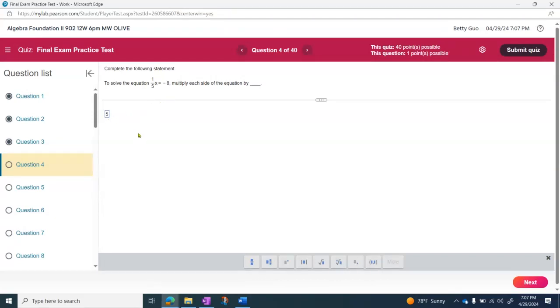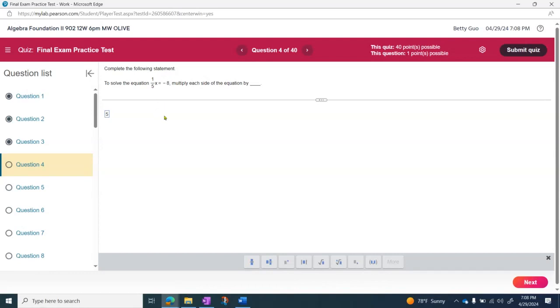You are entering the number you are going to multiply by each side of the equation to isolate x. Please be mindful and know what you're doing. Are you answering the question the problem asks you? Multiply each side of the equation by 5, by the reciprocal of the coefficient of x.